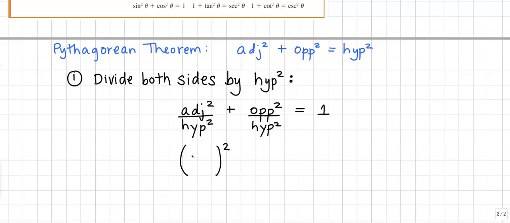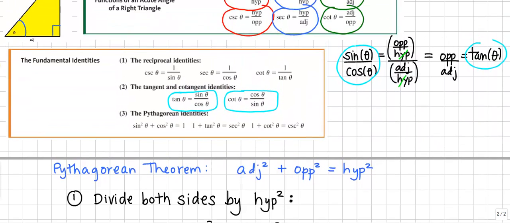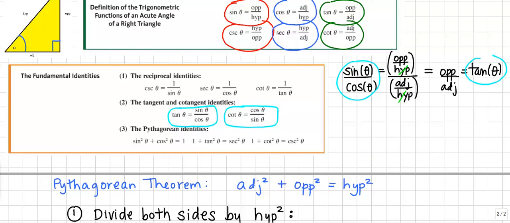Algebra suggests to us that if you have a square over a square, you can write that as a fraction squared. So I would have adjacent over hypotenuse quantity squared plus opposite over hypotenuse quantity squared equals 1. And then I can go back to my trig definitions at the top.